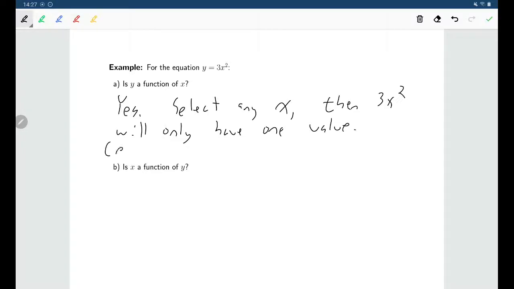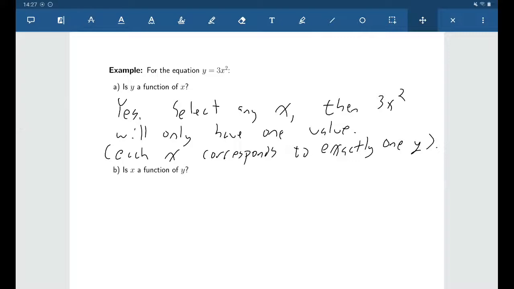So that means that each x will correspond to exactly one y. And that's what we mean by something being a function. Every input leads you to exactly one output.